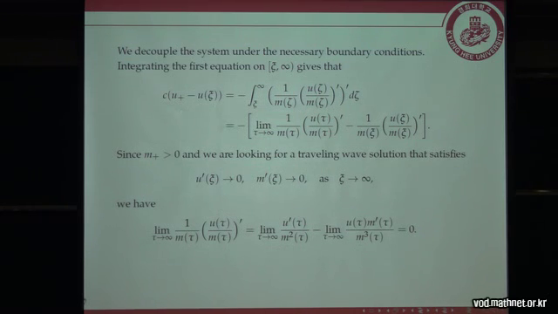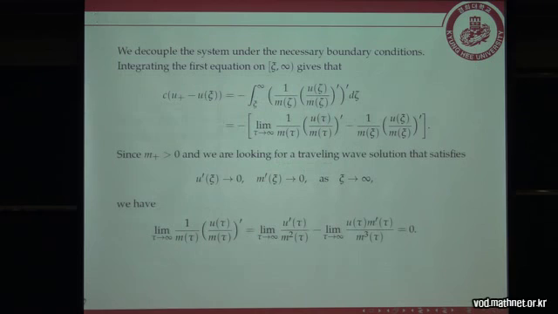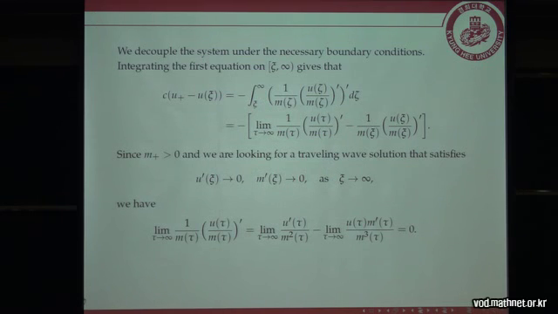So minus U equals minus the integration of this term. We have this derivative, so simply we have this one. But we assume this condition, U prime goes to 0 and M prime goes to 0. So this term equals 0. Finally, we have this one, right?